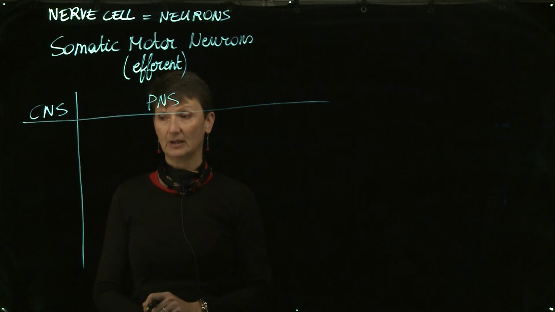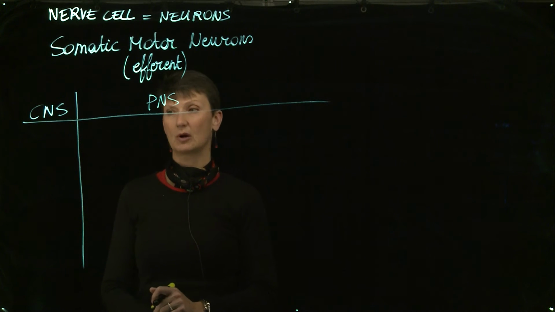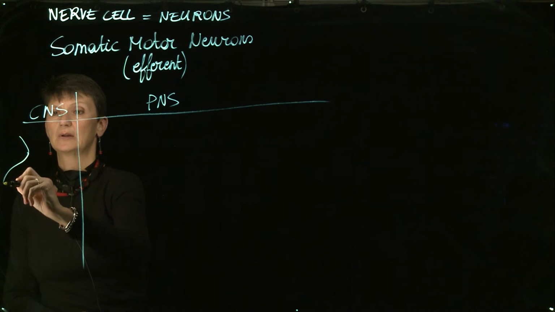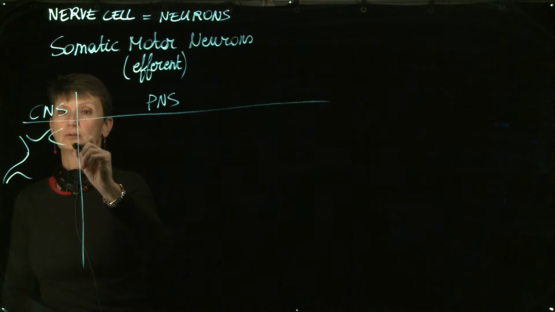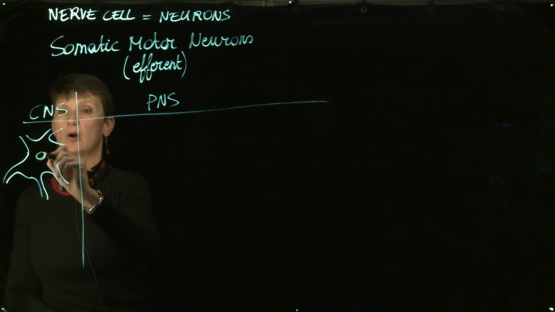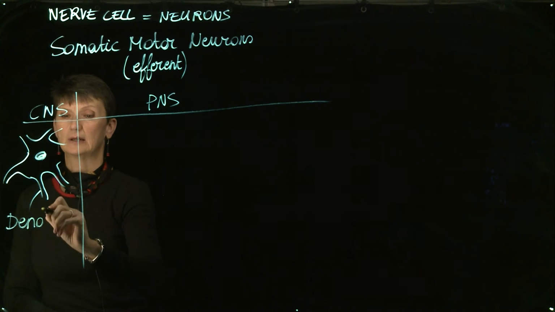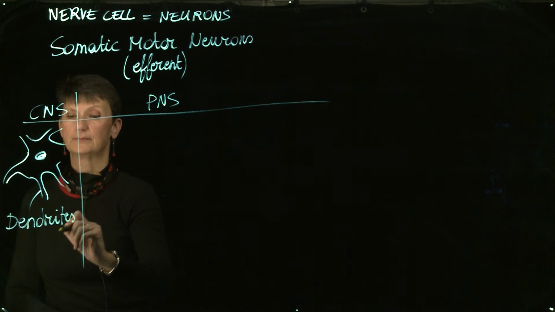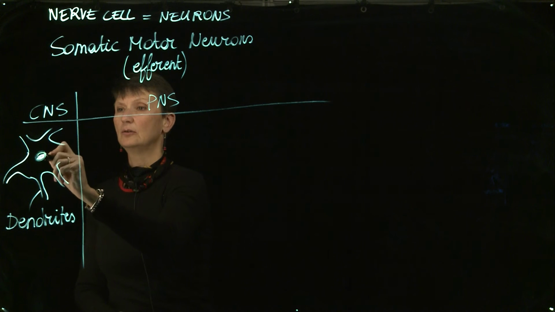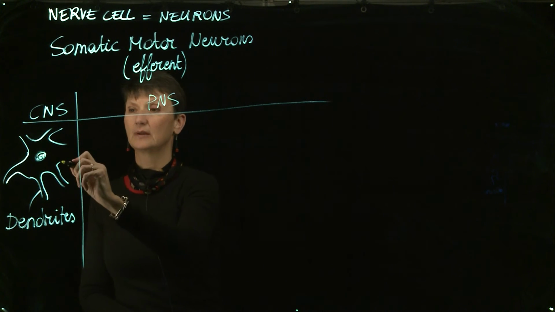They're very, very long cells very often, certainly somatic motor neurons. And so they have what we call a cell body located in the central nervous system, and it has all these branches that we call dendrites. Dendrites literally meaning looking like tree branches. This is also where we find the nucleus and where we find most of the organelles.